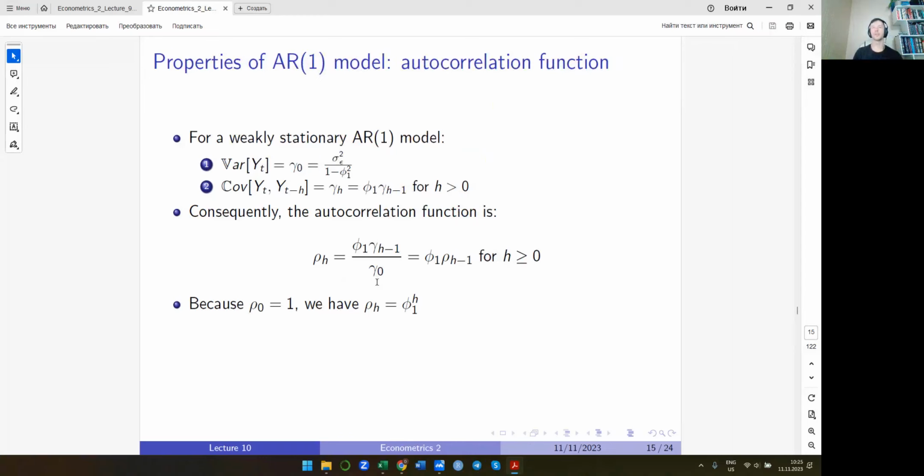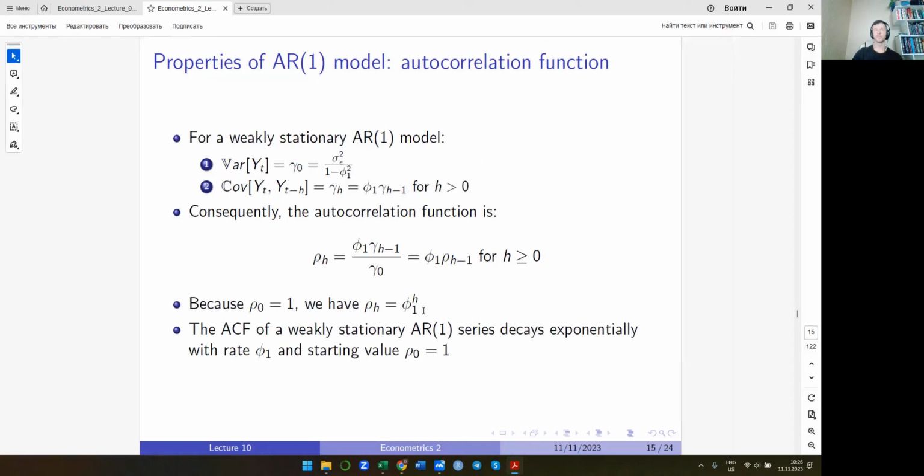Gamma h minus 1 over gamma 0. This is the autocorrelation between lag h minus 1 and lag 0. So basically rho h depends on rho h minus 1 multiplied by phi 1. And because rho 0 is 1, we have rho h equal to phi 1 to the power of h.